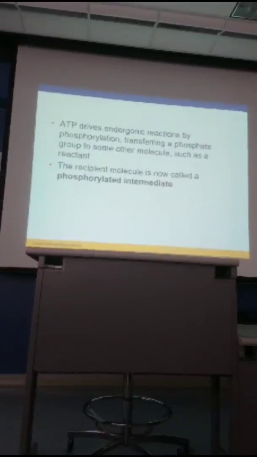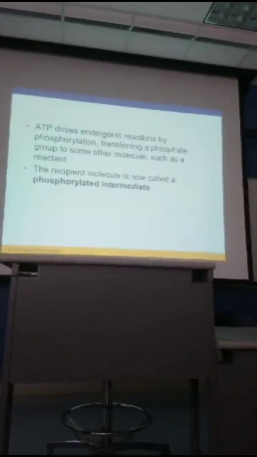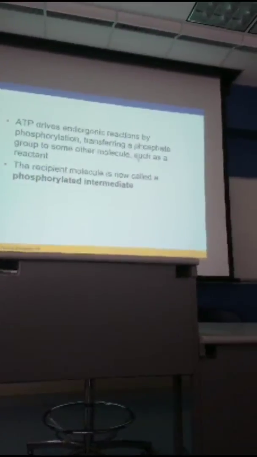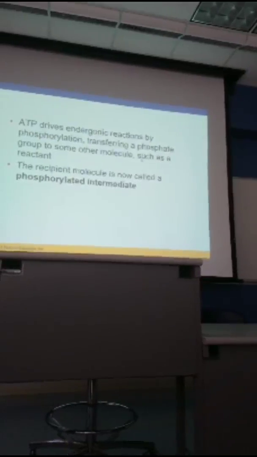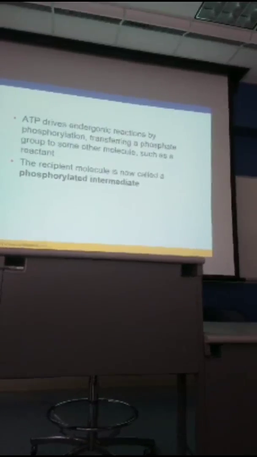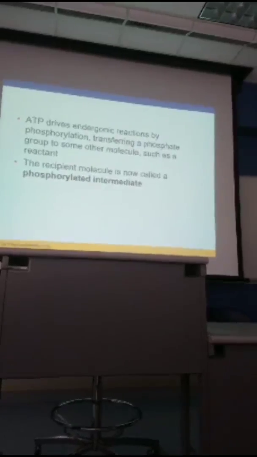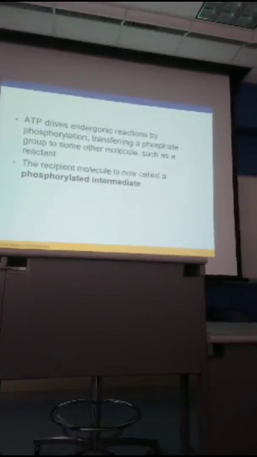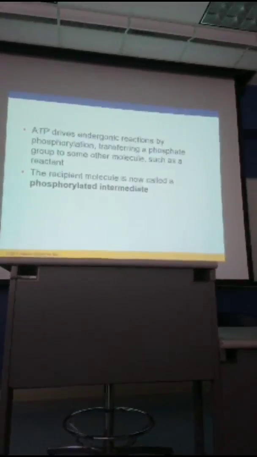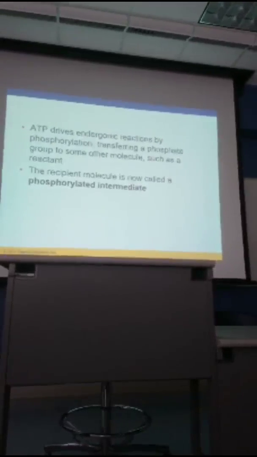Now, notice the terms here. This is what you'll hear later on in many different things. ATP, remember, drives an endergonic reaction. Endergonic reactions use energy. Where does that energy come from? The hydrolysis of ATP, which is an exergonic reaction. ATP drives endergonic reactions by phosphorylation, a term you'll need to remember, which means transferring a phosphate group to another molecule.